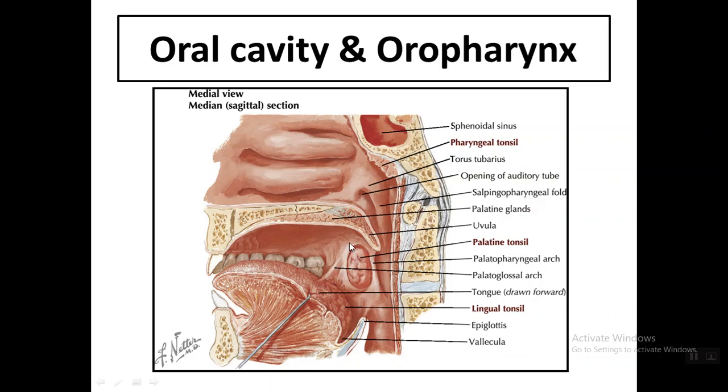The palatoglossal arch passes from the palate to the tongue, and the palatopharyngeal arch passes from the palate to the wall of the pharynx. This is the oropharynx extending in between the soft palate and the upper border of the epiglottis. The palatoglossal arch is the boundary in between the oral cavity and the oropharynx.